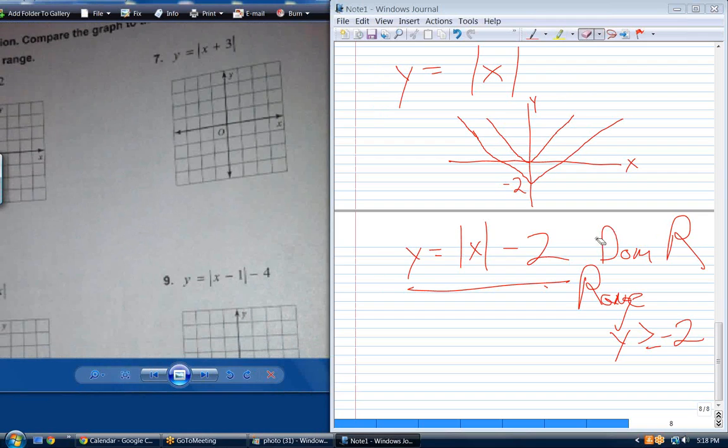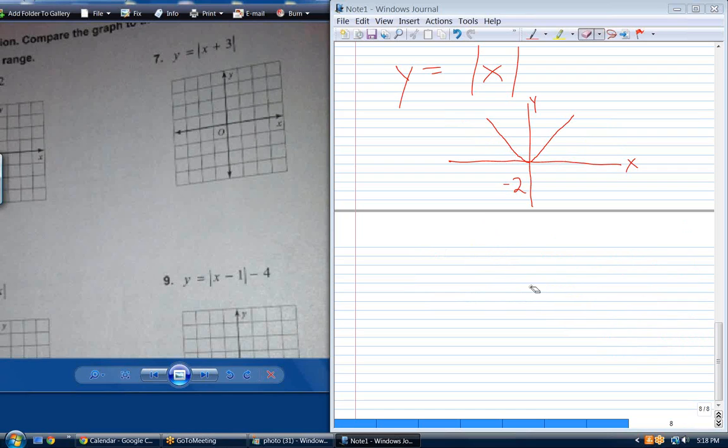Okay. What is the domain? All real numbers. Okay. What's the graph look like? In order to graph it, let's figure out what the consequences of that plus 3 are, because this thing only has one thing going on.